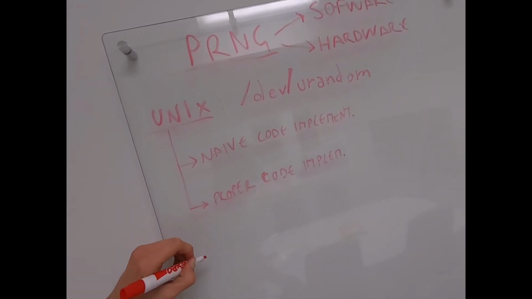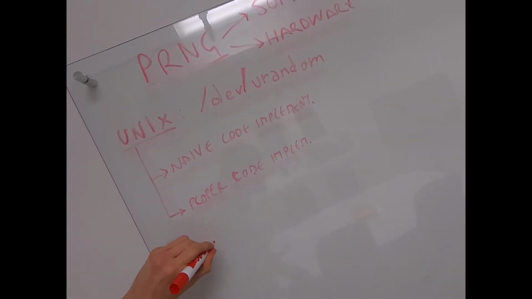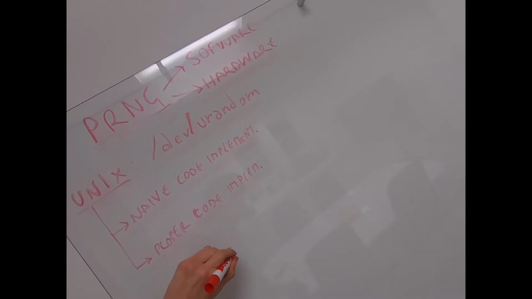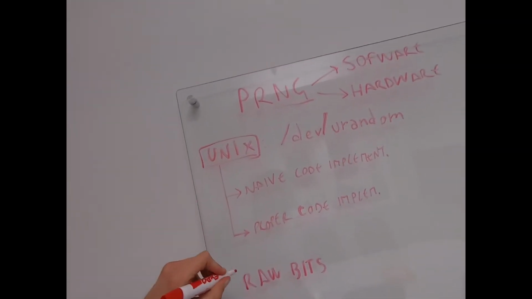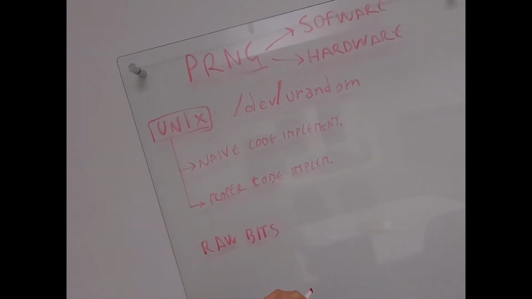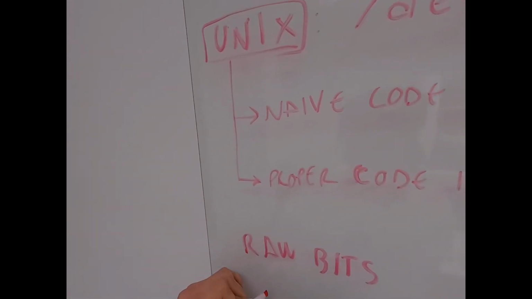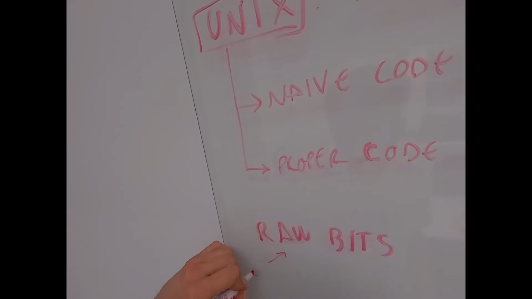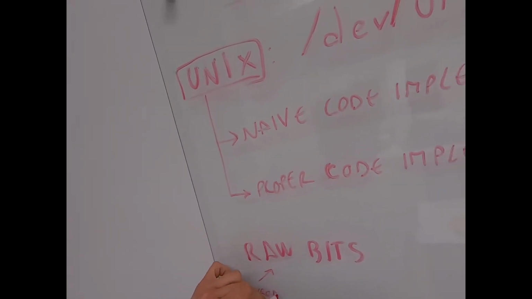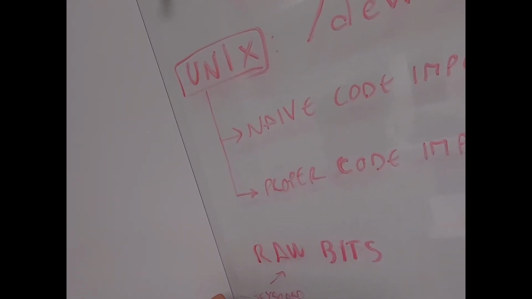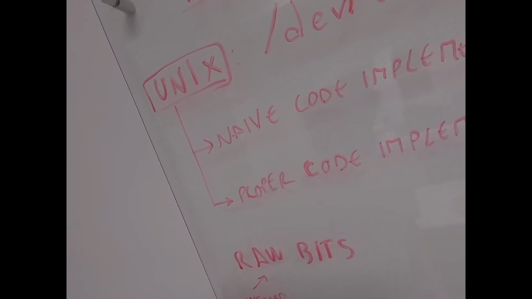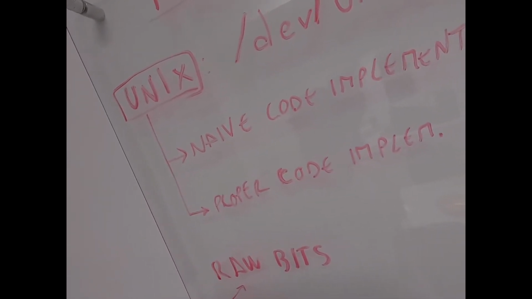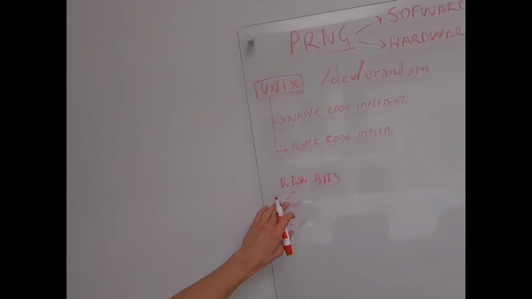So we have raw bits, and these raw bits come from the keyboard, mouse, disk input-output measurements, whatever.